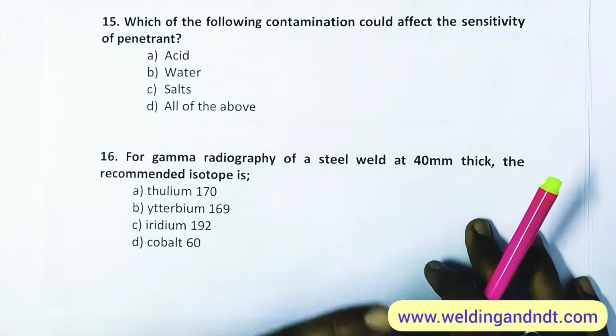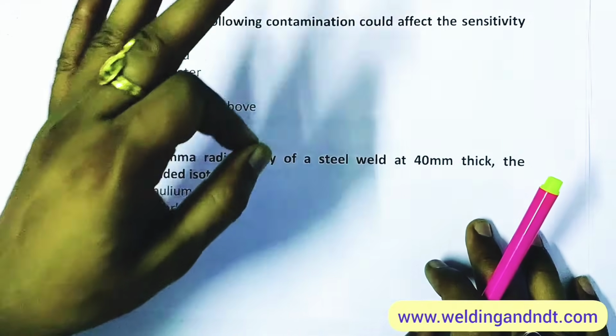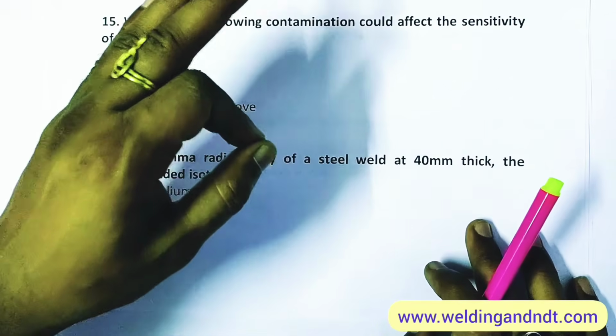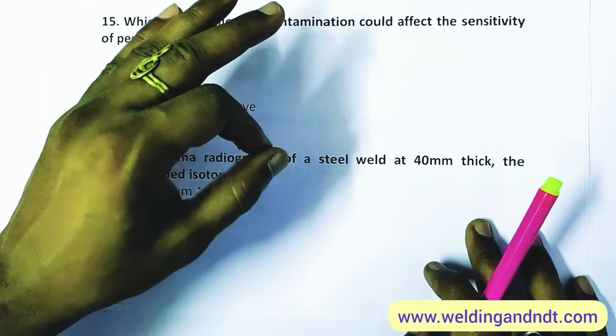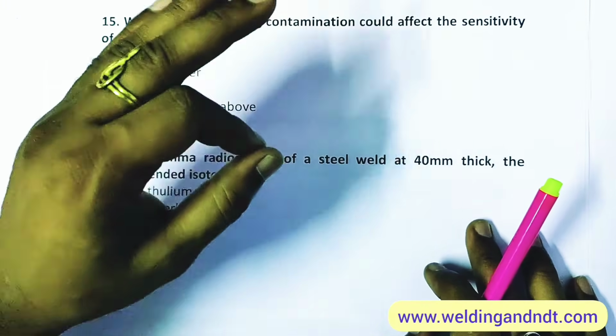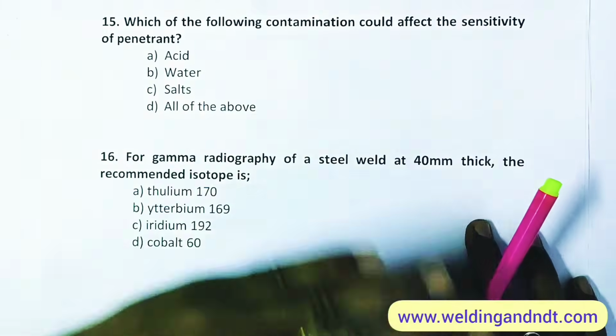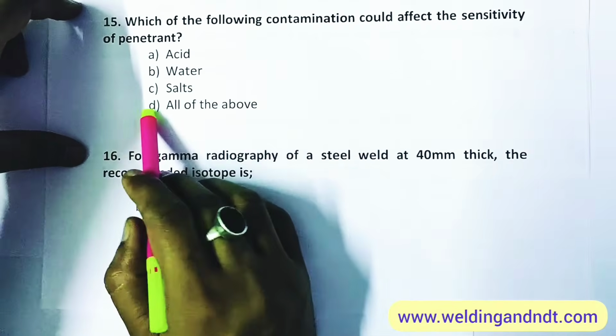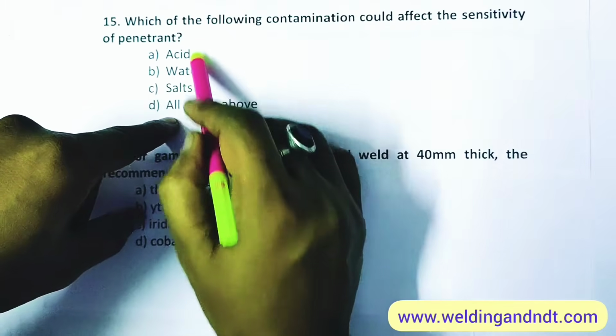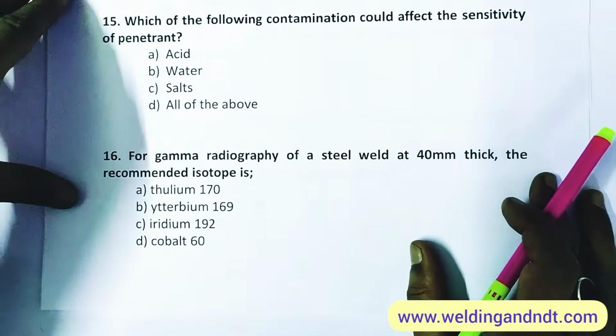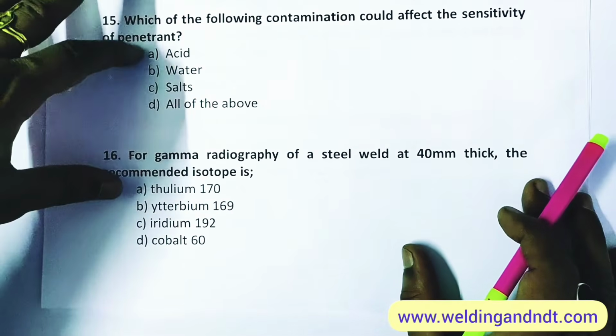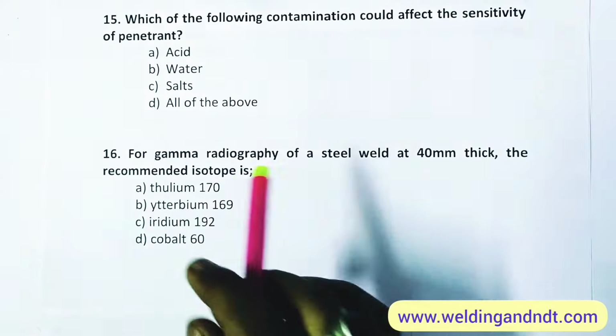No contamination, no foreign material is acceptable during penetrant inspection. I told you very clearly during the lecture itself that it should be free from grease, rust, oil, foreign particles, paints, everything. Hence the answer will be D, all of the above. No contamination is good for dye penetrant test.